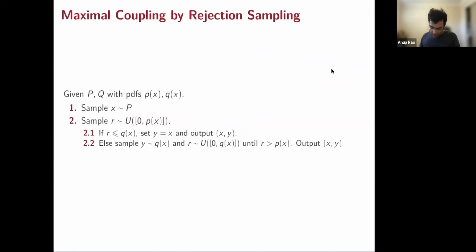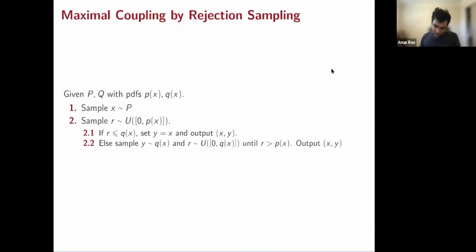What will be more useful for us is constructing a maximal coupling by something called rejection sampling. Rejection sampling is maybe a more constructive way to construct a maximal coupling, and the algorithm is as follows.